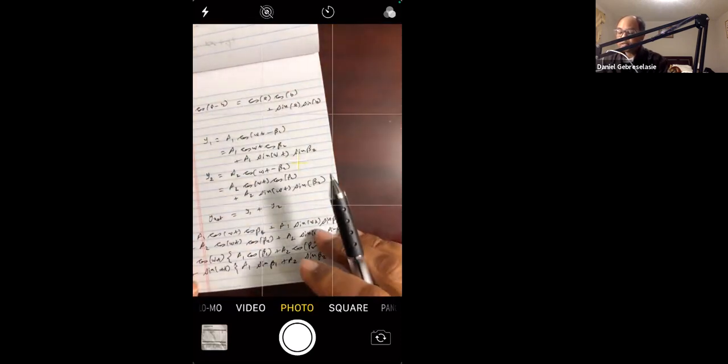Now I'm going to change my constants to A and delta. Okay, you remember we're trying to express it like this: the sum of two harmonic oscillators is also a harmonic oscillator. I'm trying to write it like this. So I'm going to replace these constants in terms of A and delta.